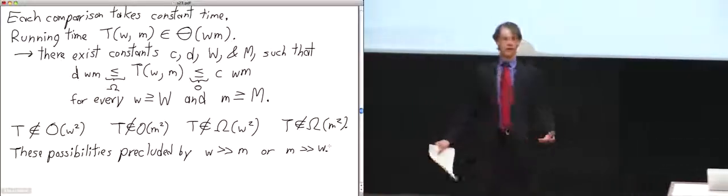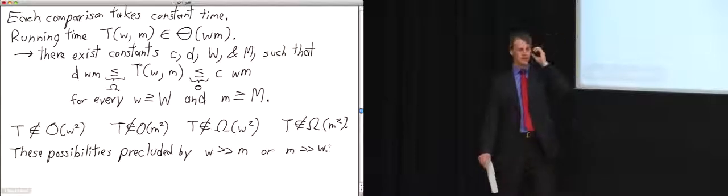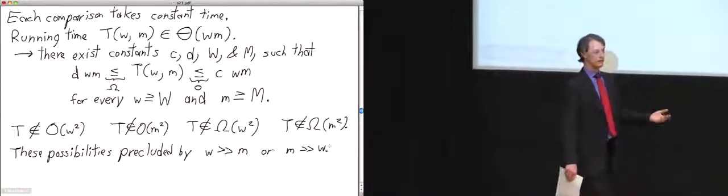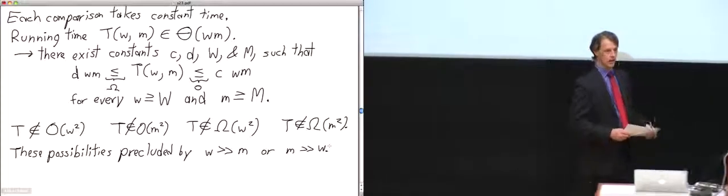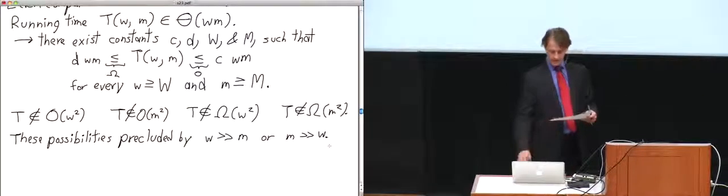So big omega of Wm is not in big omega of M squared or big omega of W squared, and M squared is not in big theta of Wm, and you just can't compare them.